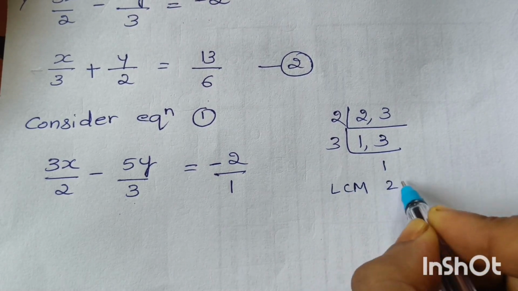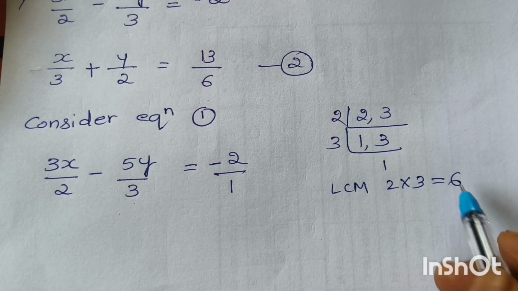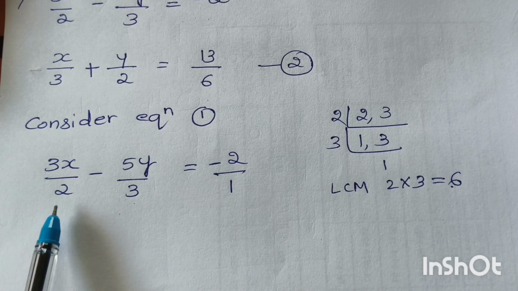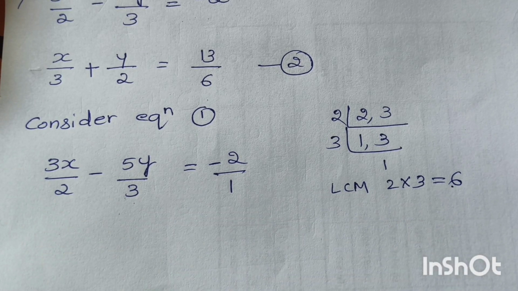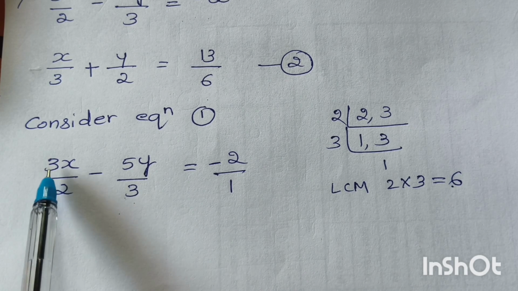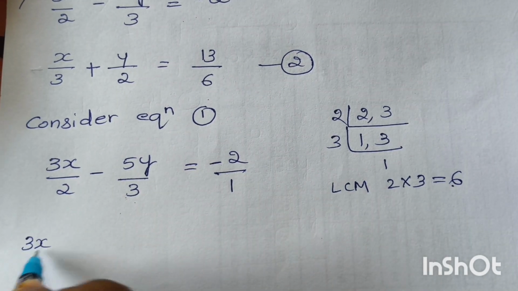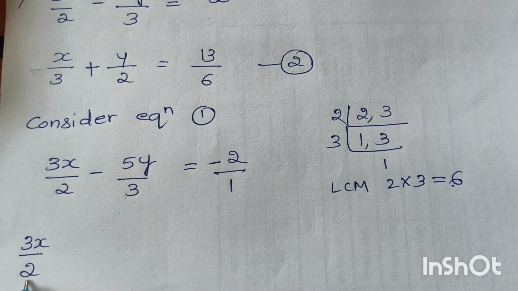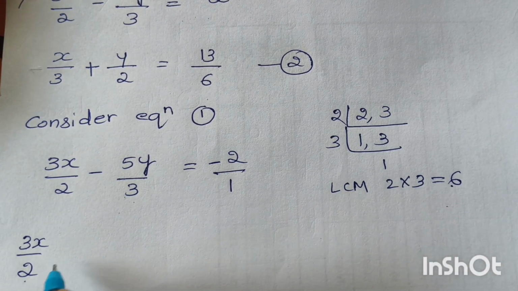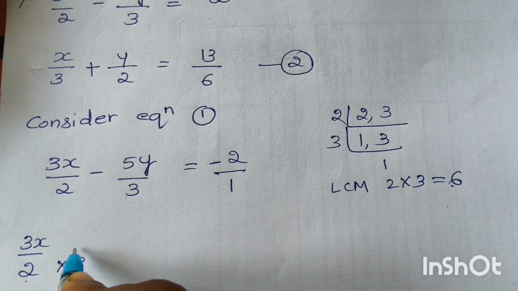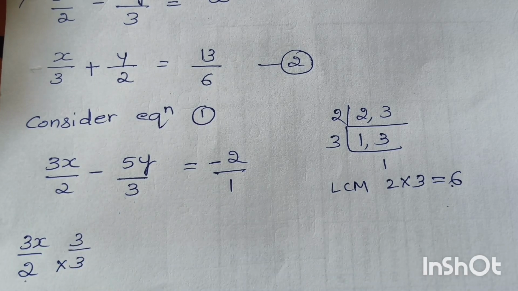LCM is 2 into 3 is what? 6. So let us equalize this denominator as 6. To do this, we have to multiply here. To make this 2 as 6, we have to multiply 3 both to the numerator and to the denominator.